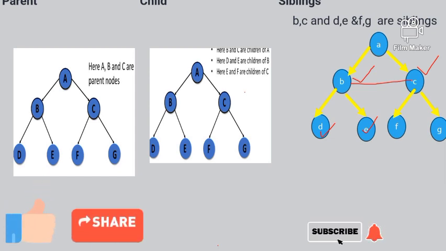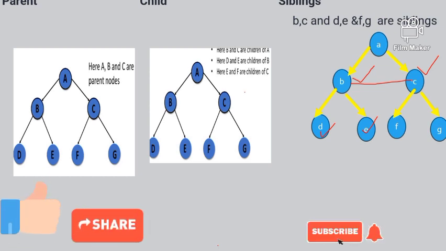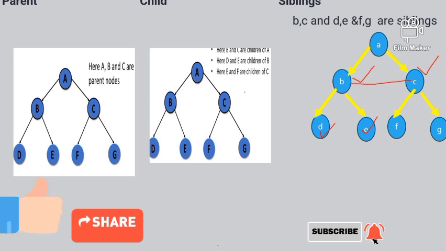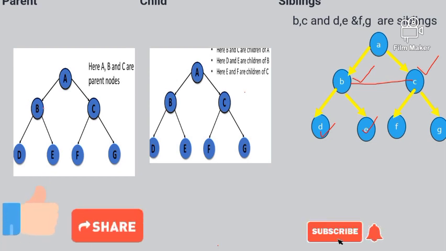Just like my mother is having 2 children, these are called siblings. Of course, for one parent we can have multiple siblings.